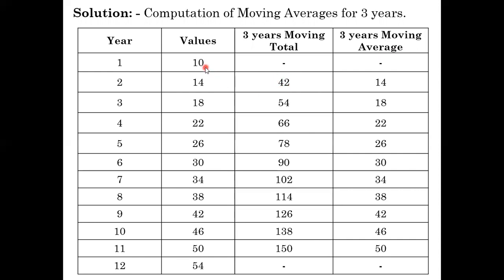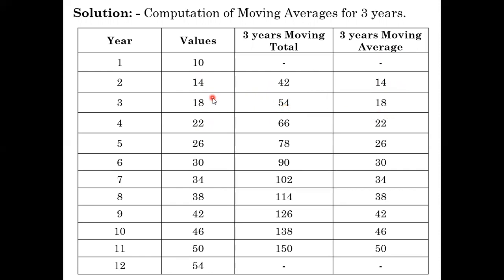So 10, 14, 18 comes to 42, and 42 divided by 3 gives 14. Next, leave the first one and take the three values 14, 18, 22, which come to 54. 54 divided by 3, you will get 18.